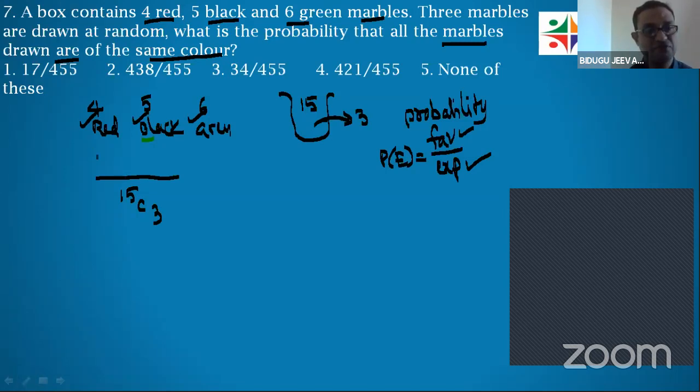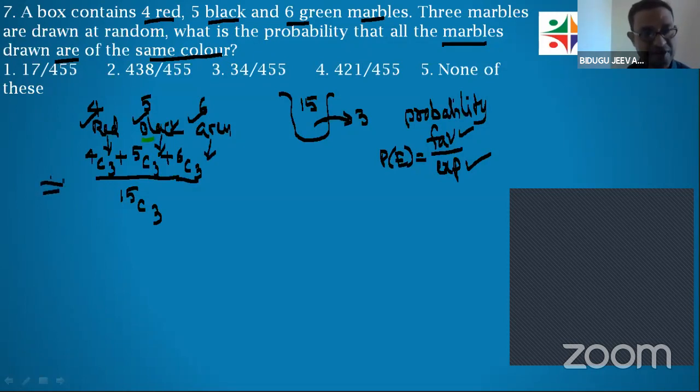Out of 4, I'll take 3. Okay, 4C3 or 5C3 or 6C3. Now I may get 3 balls either from red or from black or from green.